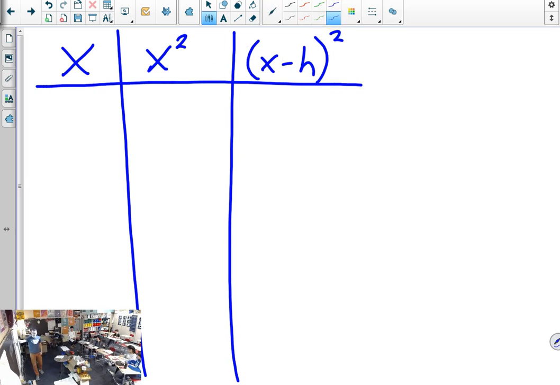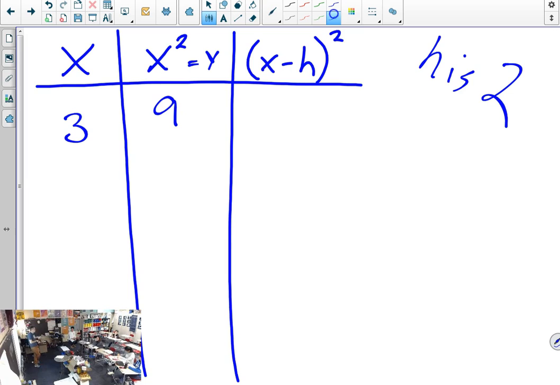So if I input 3, I know I square it, and this becomes 9, and that's really my y. But if I decide, let's just choose an h that we're working with, 2. Okay. H is 2. So if I subtract 2 from my x, my input, what does it become?